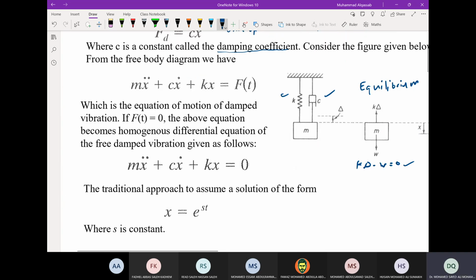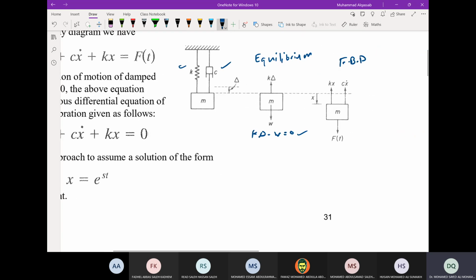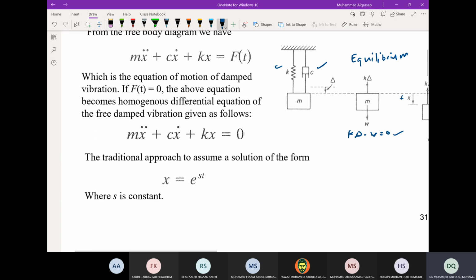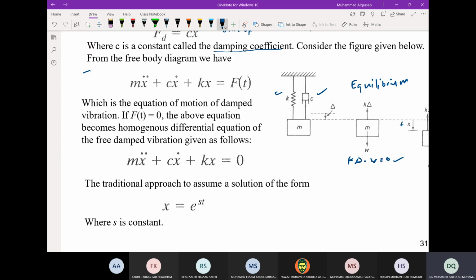For the second free body diagram, you use Newton's second law: sum of forces equals m x double dot. The positive direction is downward, so the forces kx and cx dot, which are upward, are negative, and if you have an applied force, it is in the positive direction. After applying Newton's second law, we get m x double dot plus c x dot plus k x equals f of t. If f of t is 0, this is free vibration.